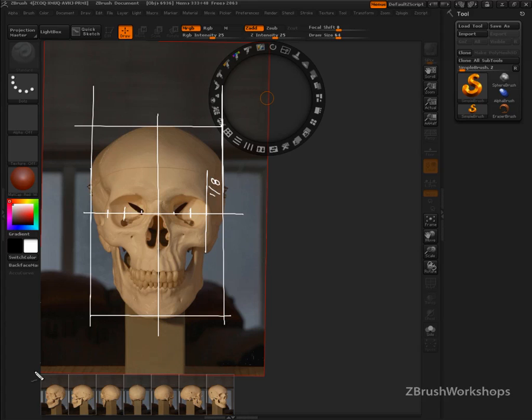Now the next thing I need to do is figure out where the orbit of that eye is really going to start. So I'm taking this eighth of a head unit, and I'm dividing that further in half. Okay, and while the unit of measurement I'm going to give you right now is not accurate, it is one of those measurements that's accurate enough.